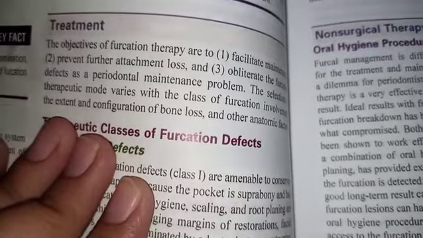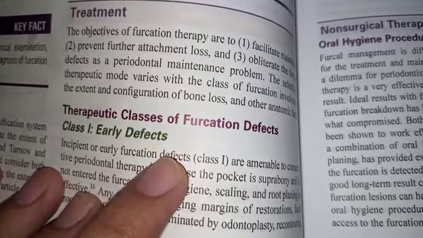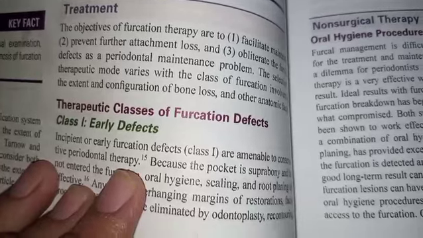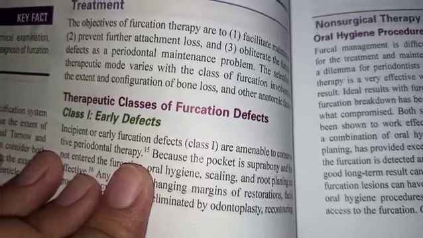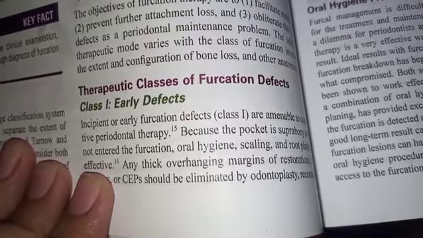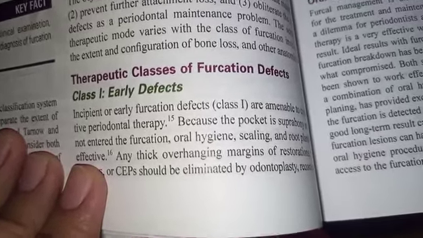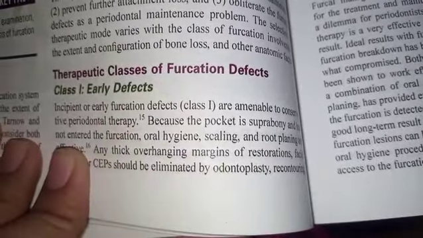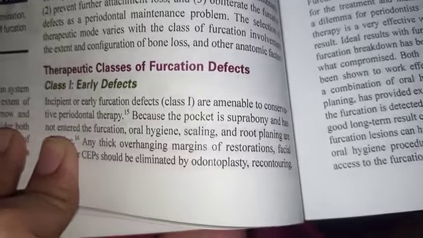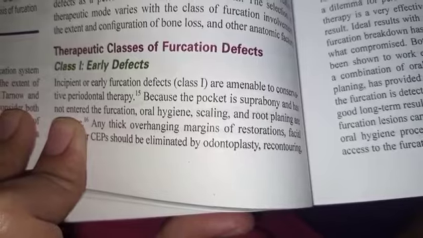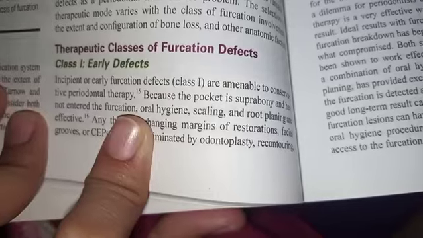Okay, so basically now we'll study the therapeutic classes of furcation defects. If there is a class 1 defect, for example, which is an early defect, and there is no significant bone loss, and there are just suprabony pockets affecting the soft tissues, and the pocket has not entered into the furcation, we will do oral hygiene instruction, scaling, and root planing, which are very effective.